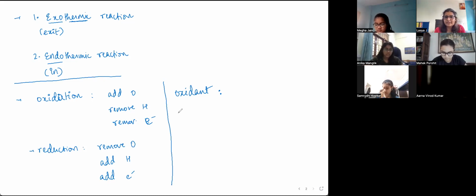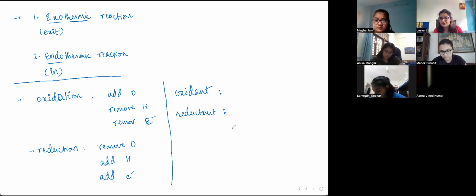Okay, so Arna, what about a reductant or a reducing agent? Ma'am, a reductant is a substance that enables reduction. That means it takes oxygen and gives hydrogen. Yeah, either it takes oxygen or it gives hydrogen, or it is capable of giving electrons so that the other substance gets reduced.